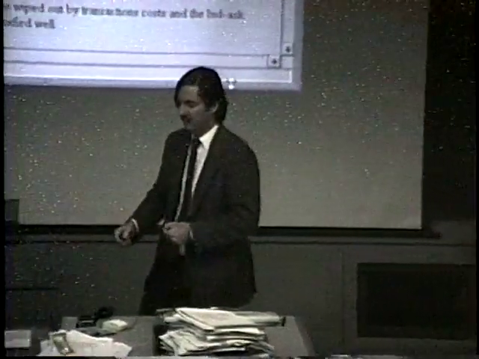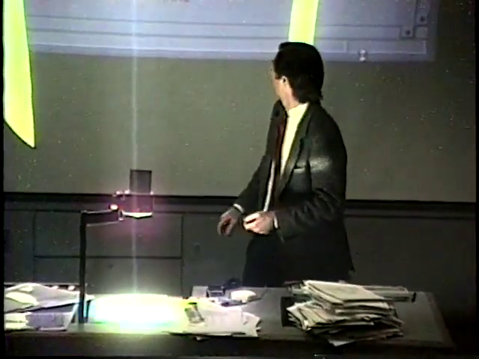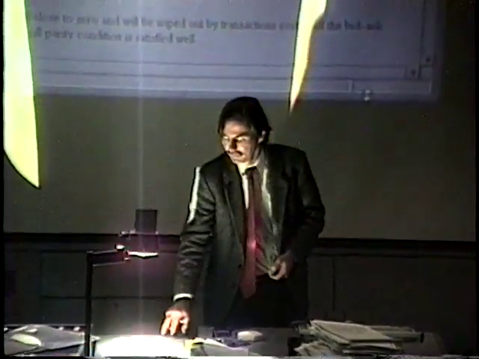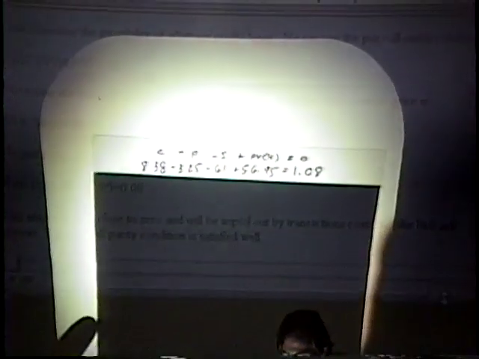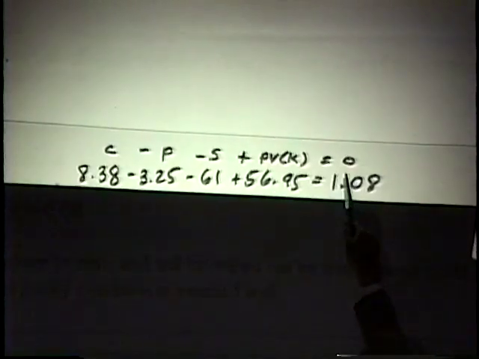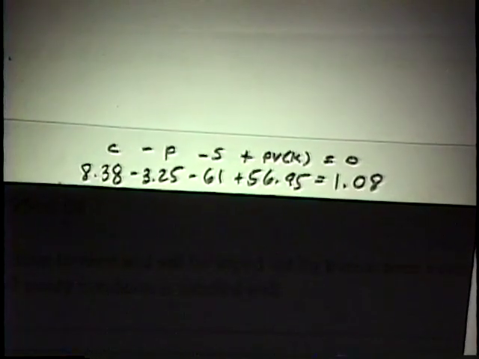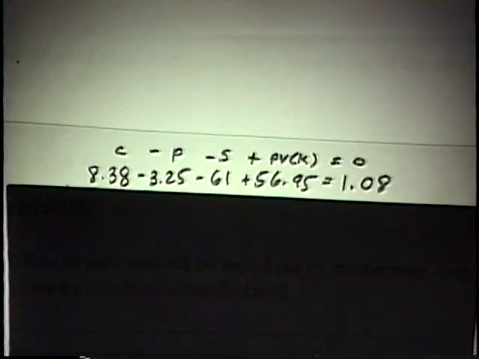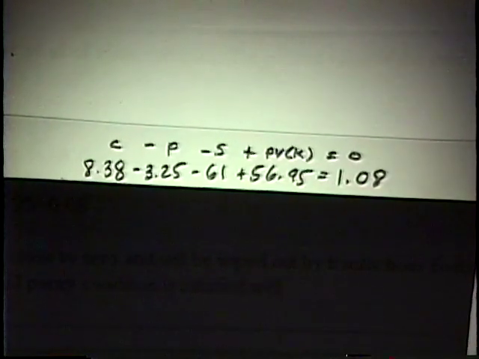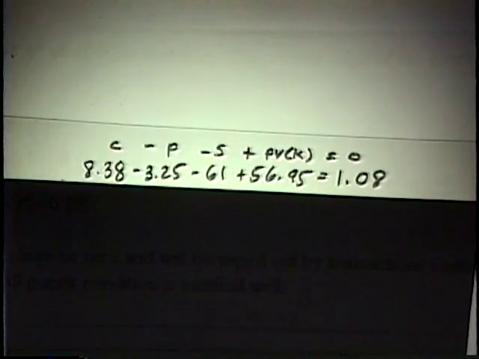So I'll use the overhead for this. And all I've done is put the put call parity formula up. C minus P minus S plus PVK equals 0. And then written the formula. And I've done this in a way that I suggest that you actually do.